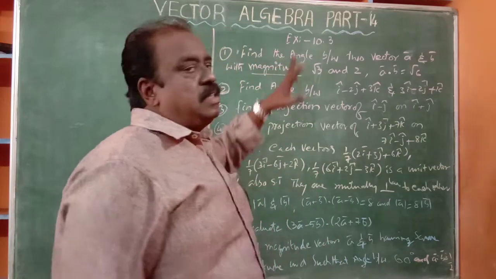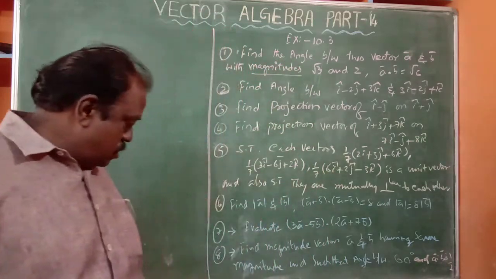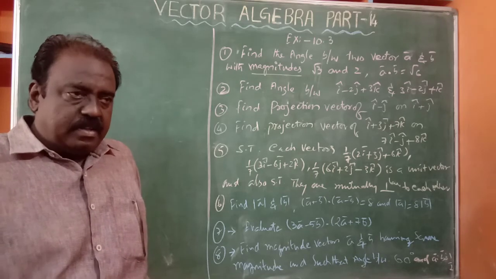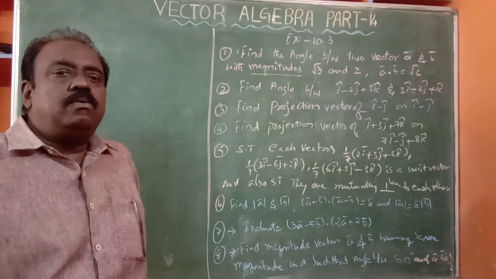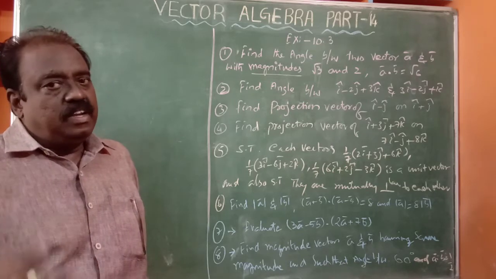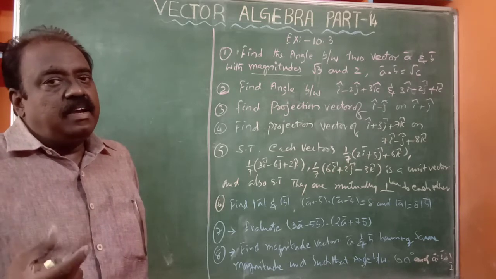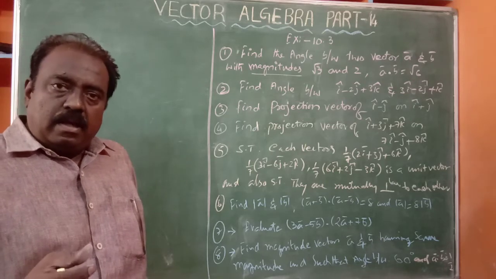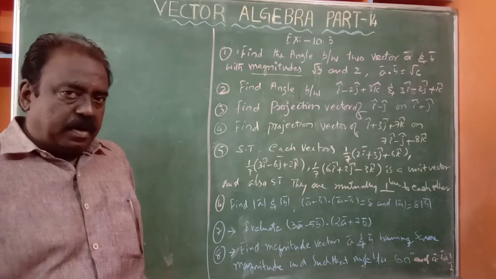And we have to find the angle between. We discussed the scalar product, that is A bar dot B bar is equal to modulus of A bar, modulus of B bar, cos theta, where theta is the angle between those vectors for which we are finding the scalar product or dot product.